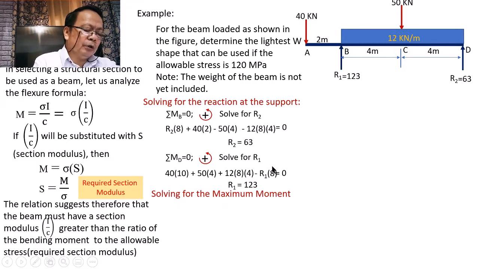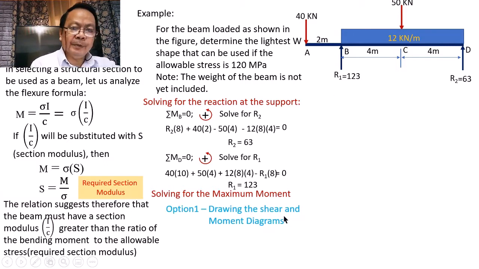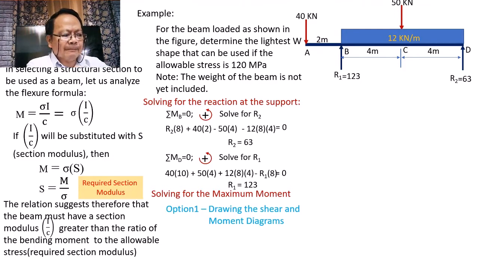So, when we draw the shear and moment diagram, at dito, meron tayong dalawang option. Mas maganda kasi kapag tayo nagsosolve ng problem, ay alam natin yung mga different options or different techniques or approaches in solving. And from the solutions, ma-define natin ano ba yung mas advantageous in solving the problem.